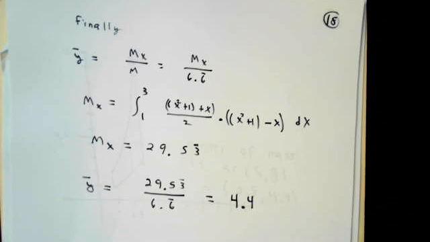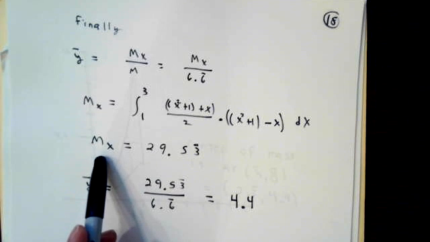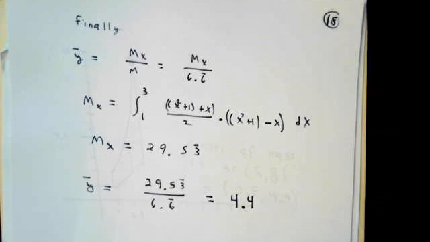Once again, I got the calculator out and did it numerically. The moment about the x-axis is 29.5 and then a bunch of repeating 3's. The y-coordinate of the center of mass is 29.8 and a bunch of 3's divided by 6.6 repeating, which works out to be 4.4. So we now know the x and y coordinates of the center of mass.